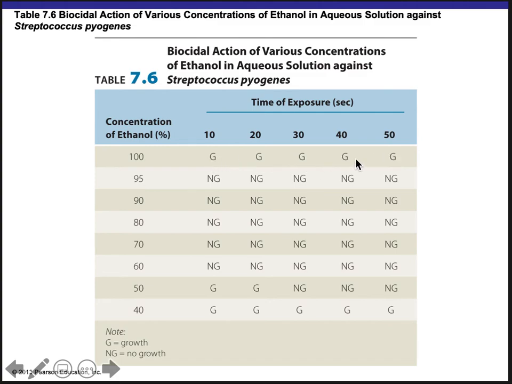So you get growth no matter the amount of seconds. Now, this is also kind of deceiving because it's saying up to 50 seconds, but as I said, if you don't have some water, it cannot interact with the cell, and so you're not really getting actual contact for 50 seconds as you are with these others.